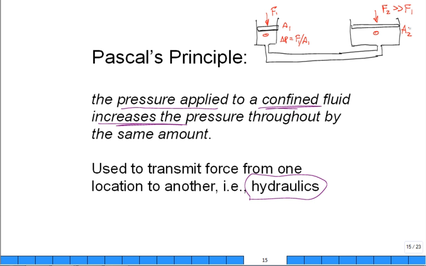And that's the beauty of hydraulics. For this to be in equilibrium, you have a mechanical advantage. F2 can be much greater than F1 through the ratio of areas because of Pascal's principle. So it's used to transmit forces: apply a big force over there by having a little force applied to the confined fluid over here.